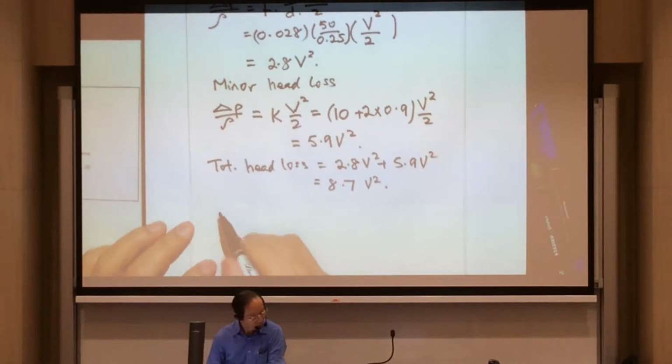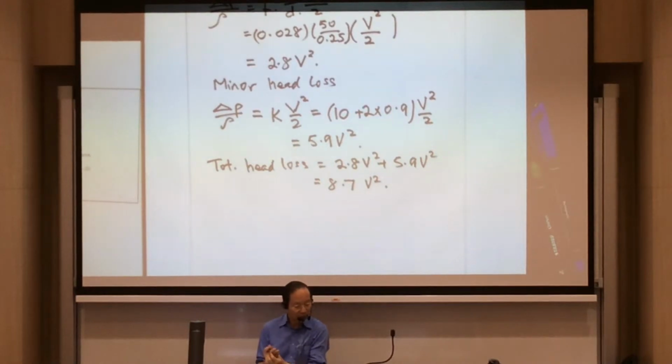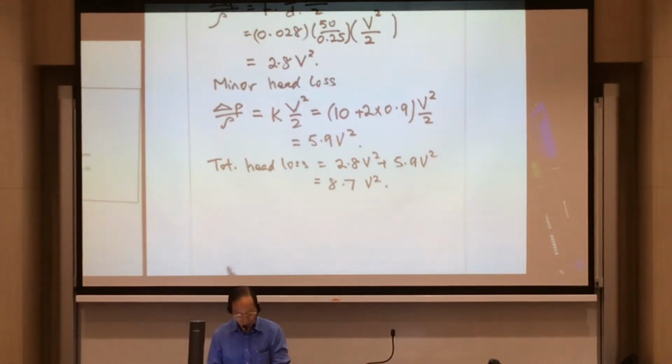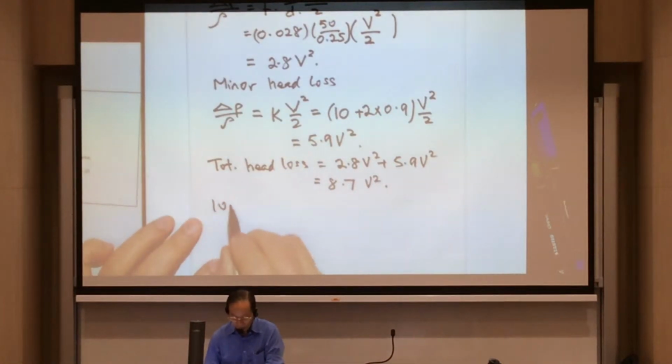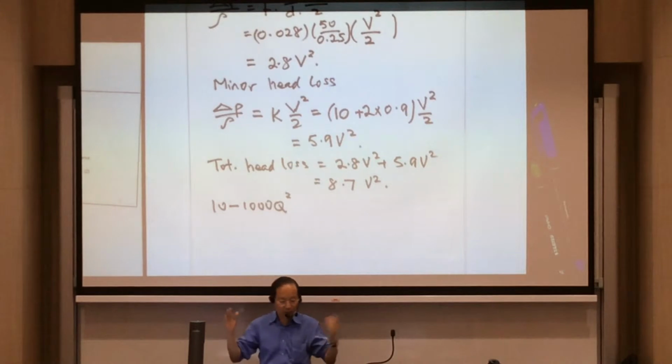So we are given that the relationship for the pump is expressed as delta P over rho equal to 10 minus 1000 Q squared. This is for the pump. The pump must overcome the total loss.